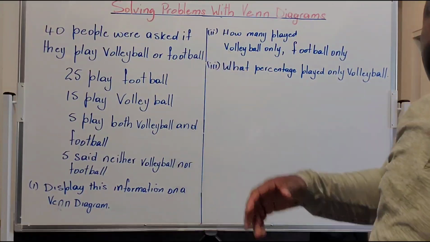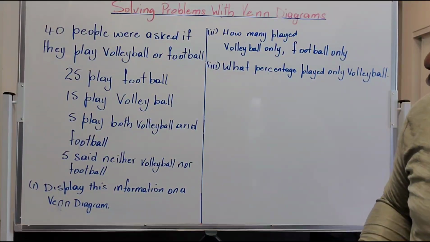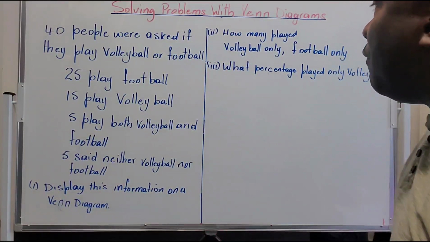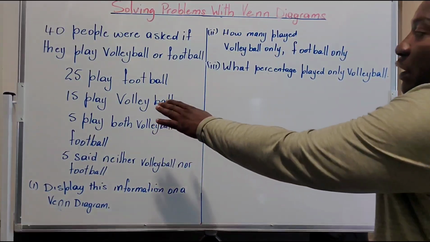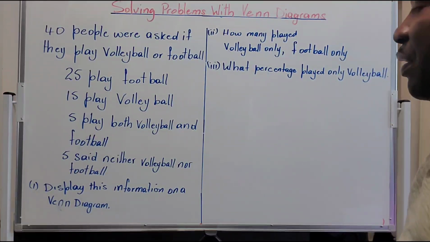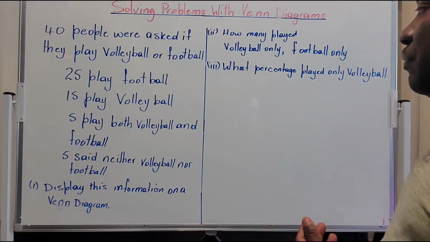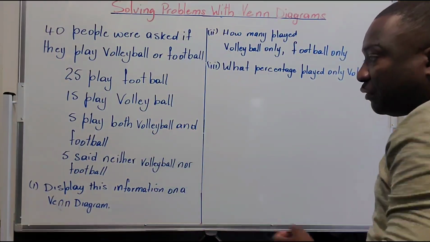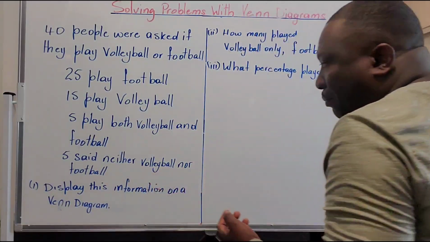Now, I've already gone ahead and illustrated the problem on the board. It says, people were asked if they play volleyball or football. 25 of those interviewed indicated that they play football. 15 played volleyball. 5 played both volleyball and football. 5 said neither volleyball nor football.